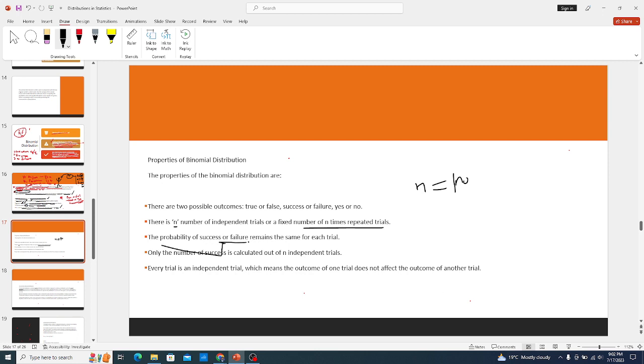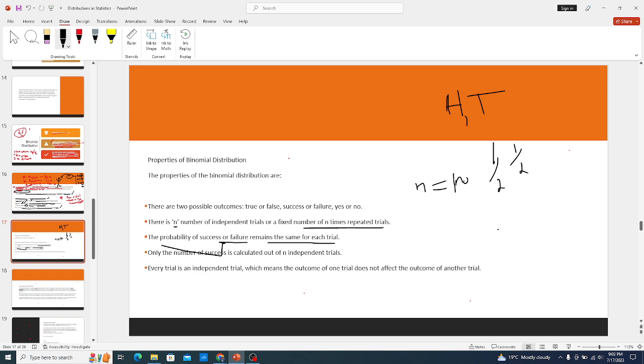The probability of success and failure remains the same for each trial. The probability of each outcome is the same. For example, if we are tossing a coin, the probability of getting a head is the same as getting a tail, meaning the probabilities are half and half.